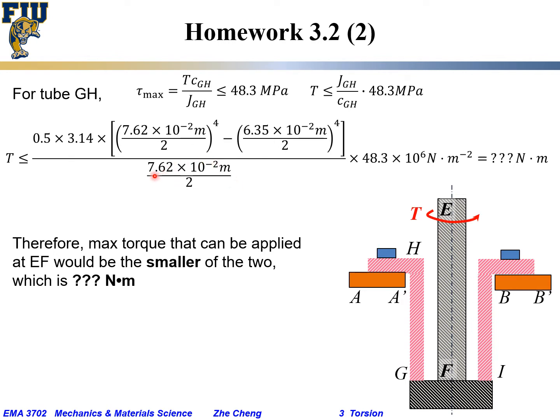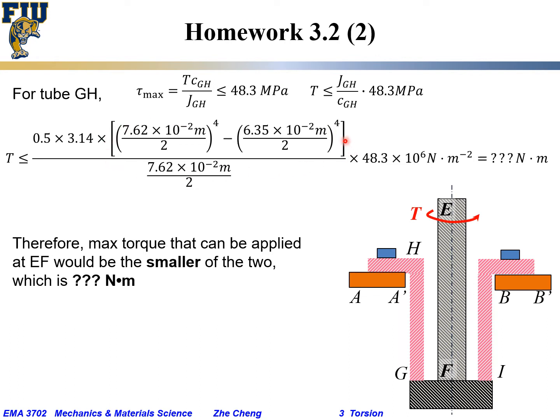but then we have to consider in this case, because it's a hollow tube, the J would be different. It would be half pi times outer radius to the power 4 minus inner radius to the power 4. The outer radius would be the outer diameter 7.62 centimeter divided by 2, to the power 4, minus the inner diameter 6.35 centimeter divided by 2, to the power of 4.